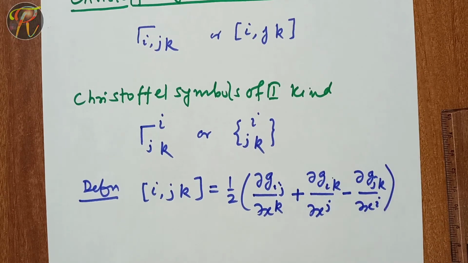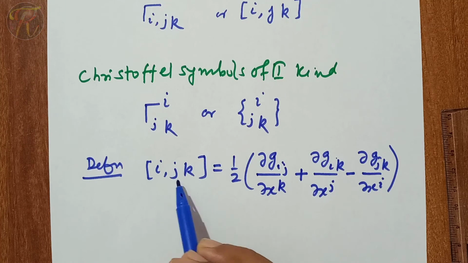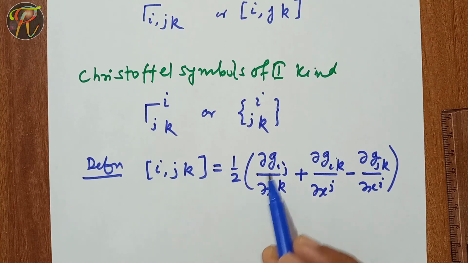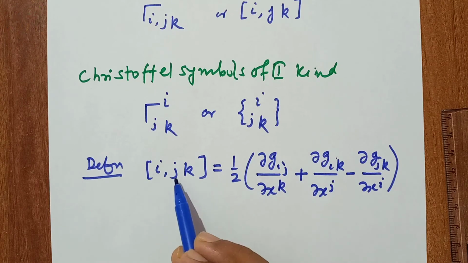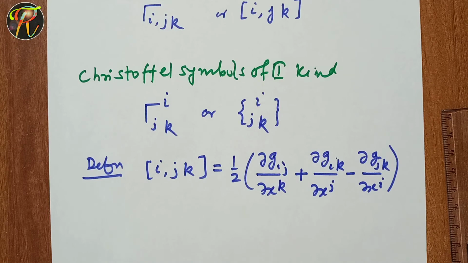So this is the definition: Christoffel symbols of the first kind are denoted by [ij,k] and defined by 1/2 (del g_ij/del x^k + del g_ik/del x^j - del g_jk/del x^i).